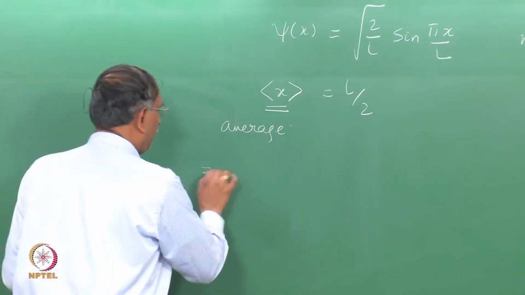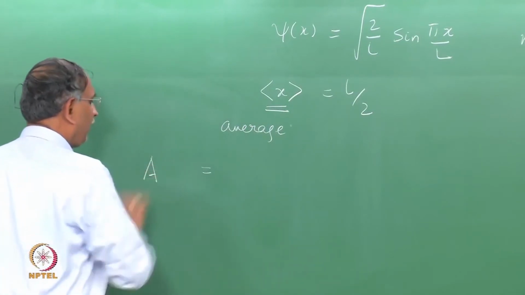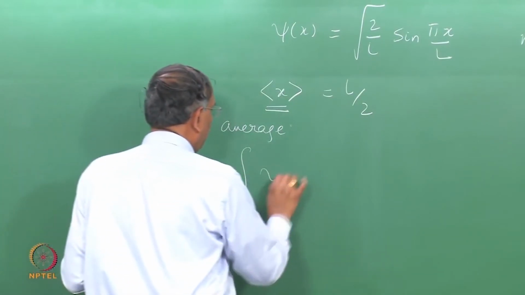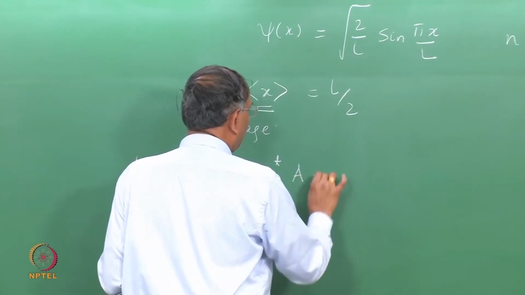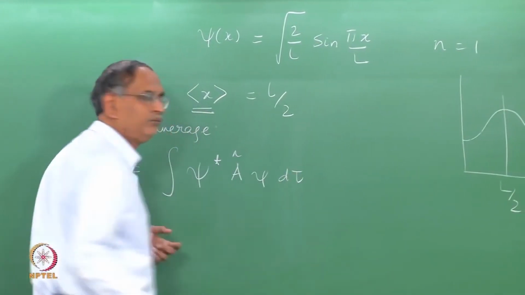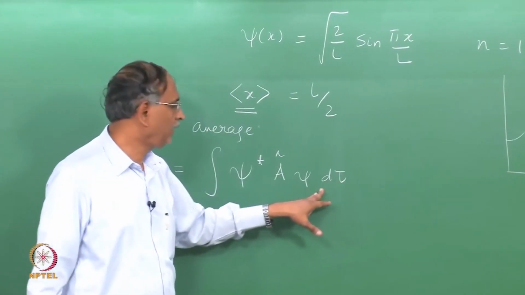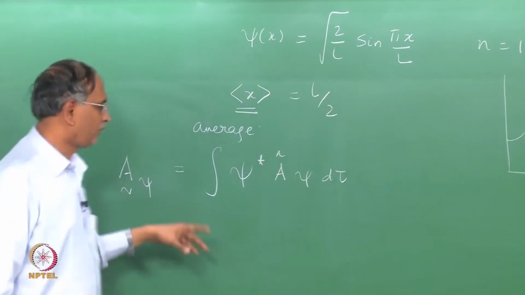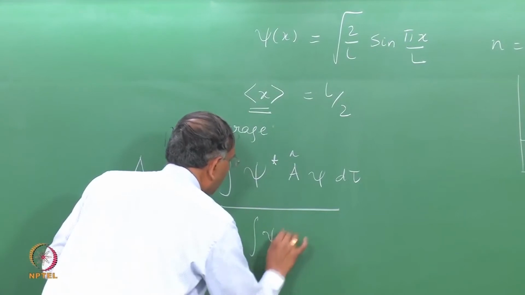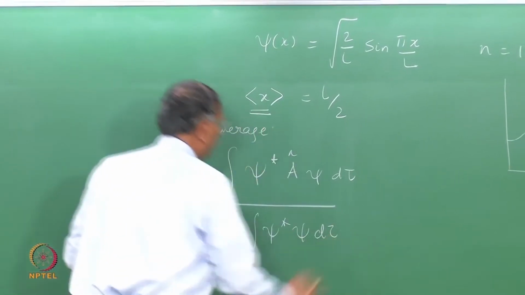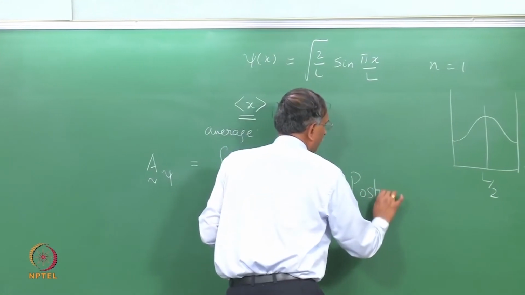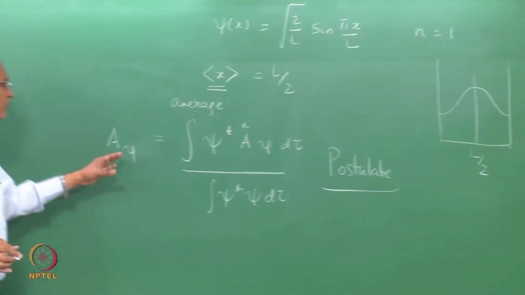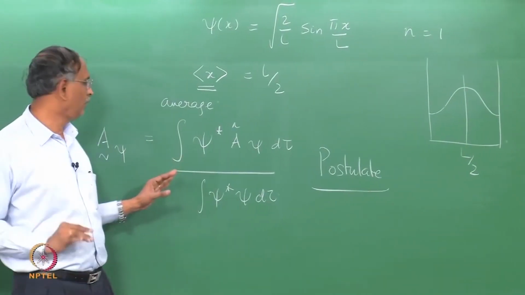The average value in quantum mechanics for any variable A in the state psi is given by the integral of psi star A psi d tau, which is the volume element or the area element or the length element, similar to whether it is a one dimensional box or a 2 or 3 dimensional one, divided by the integral of psi star psi d tau. Okay, this is a postulate. I do not want to tell you how this can be arrived at using arguments.